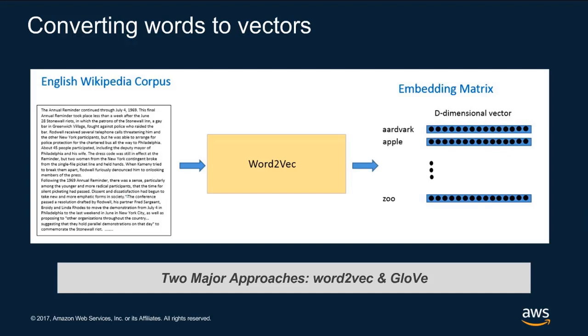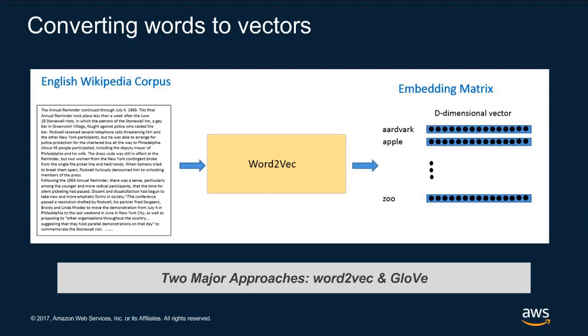And the important thing here to understand is that there's been a lot of research and a lot of advances in this space. And two of the primary approaches to attack this problem have been word2vec and GloVe. So the first one obviously stands for word to vectors, and the second one stands for global vectors for word representation.